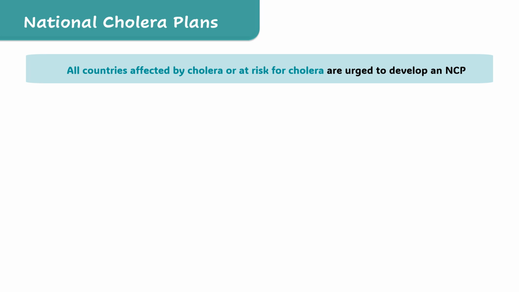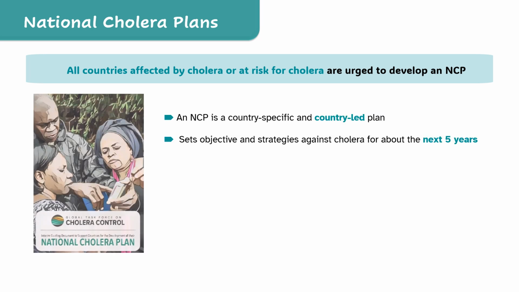All countries that are affected by cholera or that are at risk for cholera are urged to develop an NCP. An NCP is a country-specific plan. Its development and its implementation are led by each country. An NCP sets the country's objective and operational strategies against cholera for an implementation period of usually 5 years or so.